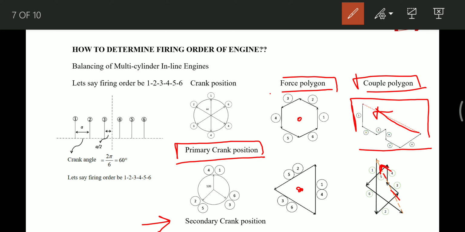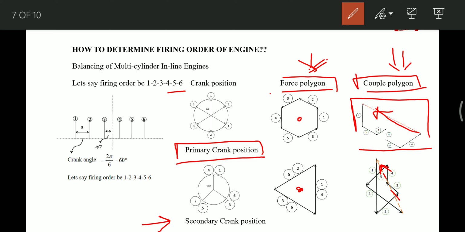So again the couple polygon is not closed, meaning the couple is not balanced in this engine. So we can see from the whole discussion that the 6-cylinder 2-stroke multi-cylinder inline engine having a firing order of 1, 2, 3, 4, 5, 6 has all the forces balanced, but the couples acting in the system are unbalanced for the primary as well as secondary forces.